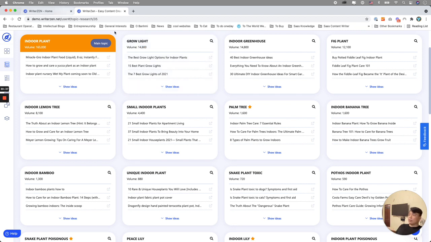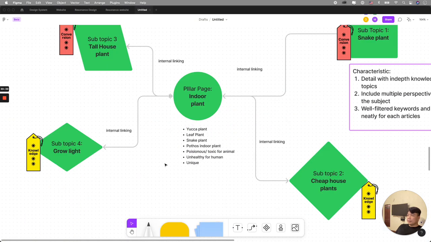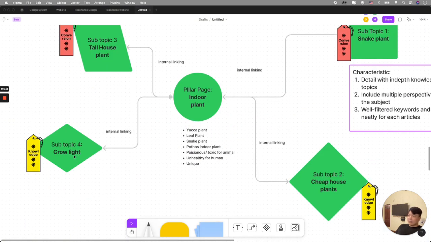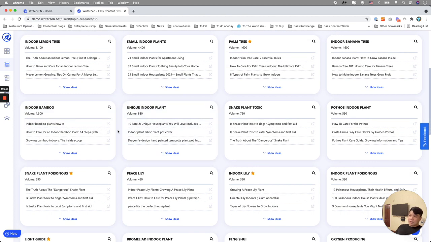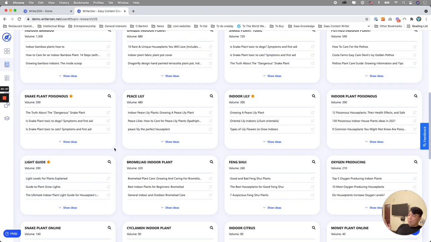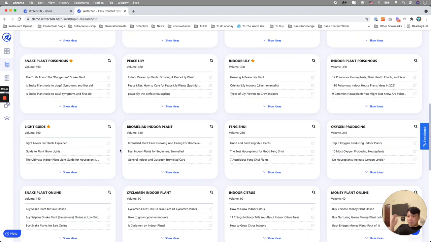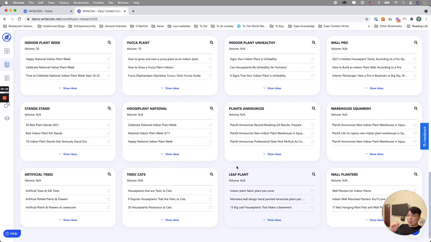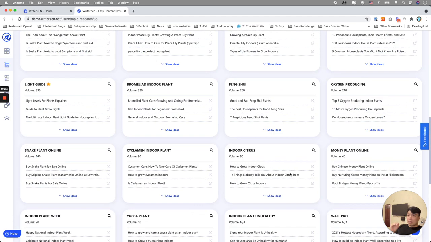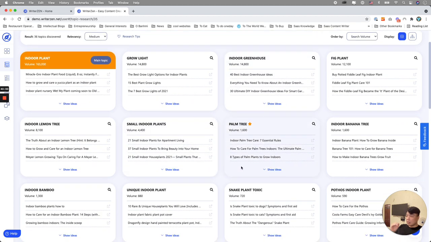So you could add into here, grow light, right? Once you add that, you look through again, the same pattern. Some topics will have a repeated pattern. For example, the reason why I add snake plant is because it has one here. I think it has one more up here.